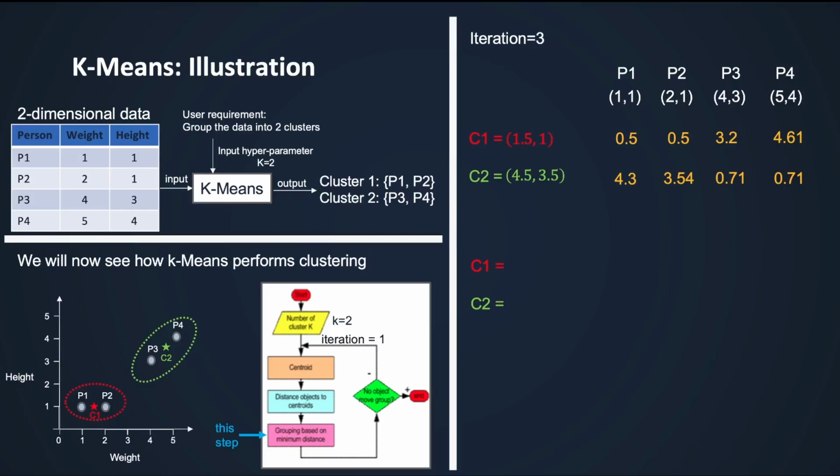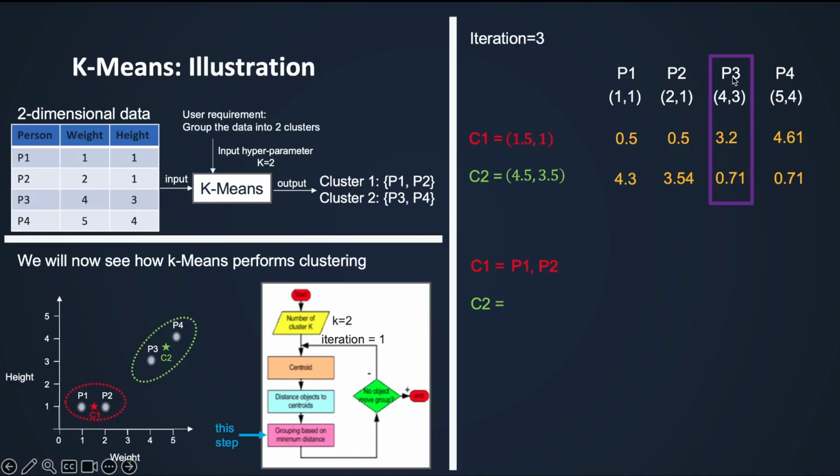For each centroid, we check the points and, looking at the lowest distance or proximity to the centroid, we assign P1 to C1. Similarly, P2 will be assigned to C1.